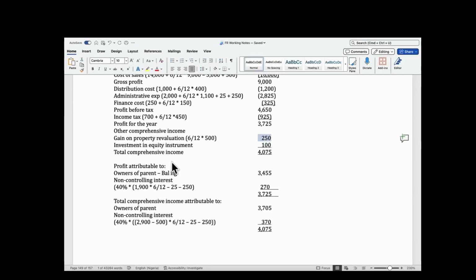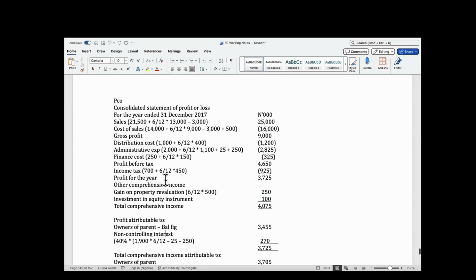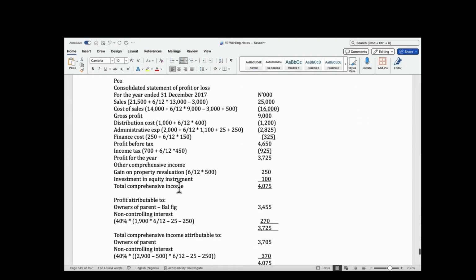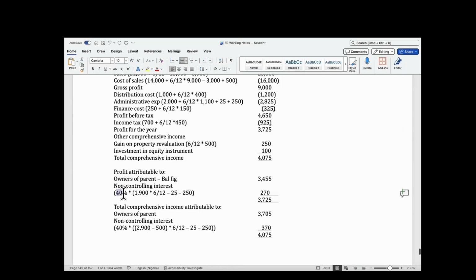So this profit for the year is attributable to owners of the parent and NCI. Like I told you, you get NCI first because you get that of the parent as the balancing figure. In this case, NCI has a 40% holding because the parent has acquired 60%. So the balancing figure is 40%, which is NCI. Not on this group profit.